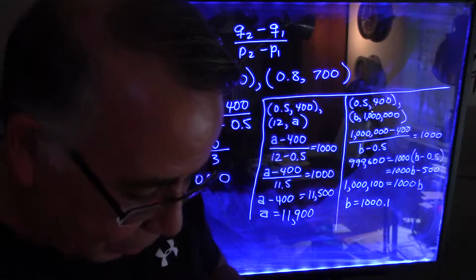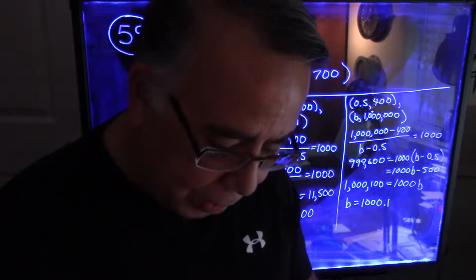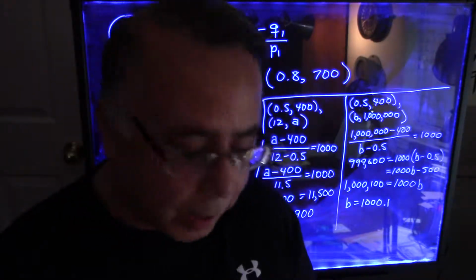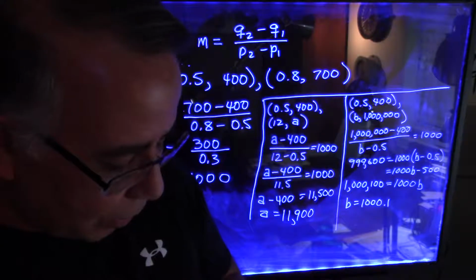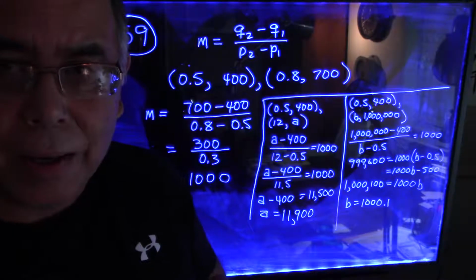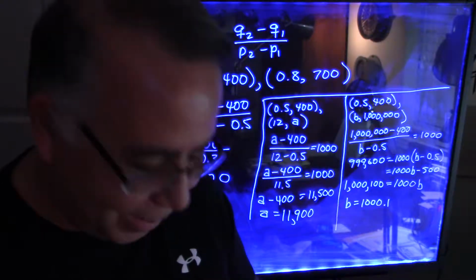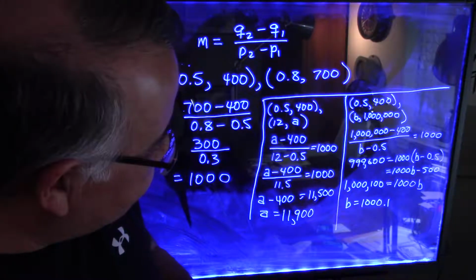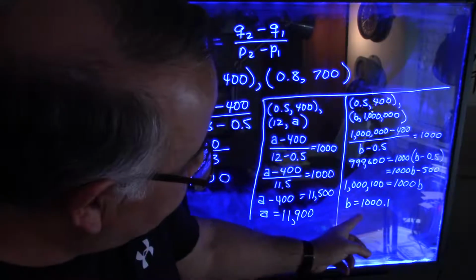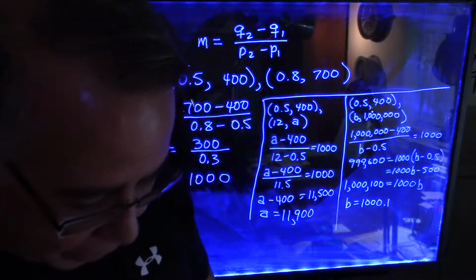However, when you do the computation, what you get is 999,600 over 1,000.6. Punch that into your calculator and you'll get 999.0006, which is close to 1,000, but it's not quite there. Close but no cigar, as we say in the mathematical world. So that is incorrect. This answer is correct. You can double check it by plugging it into b here and then doing the computations, and you will get 1,000 as a result.